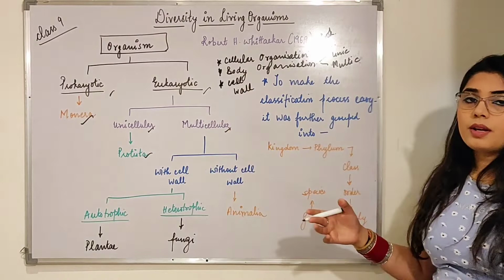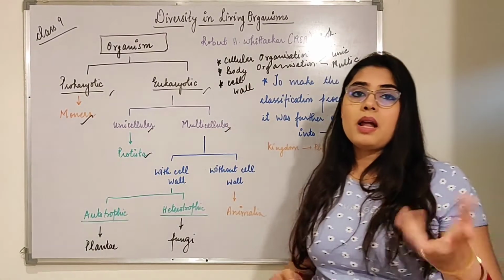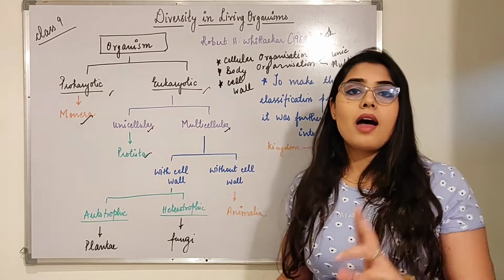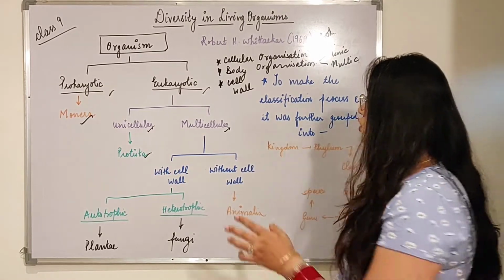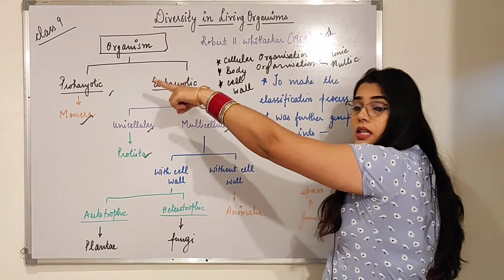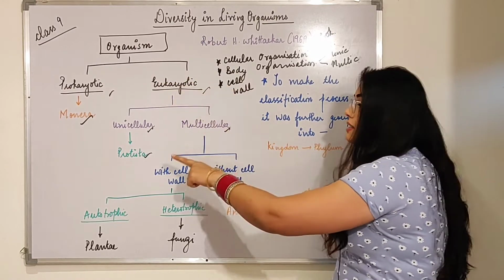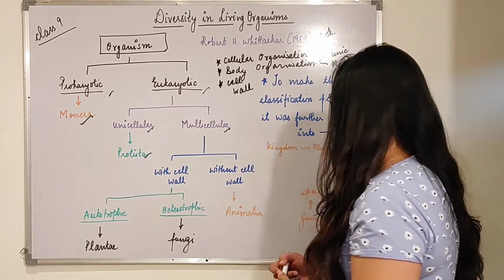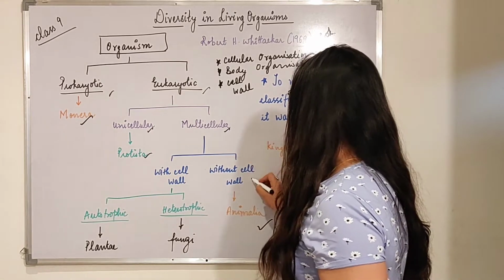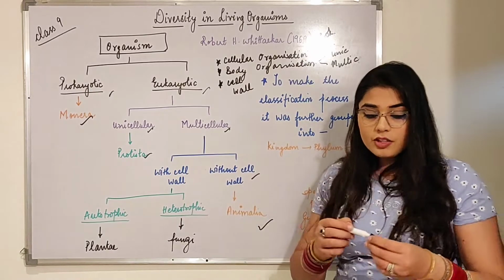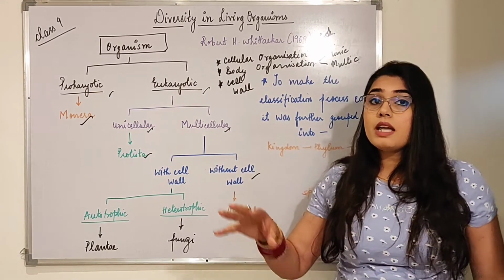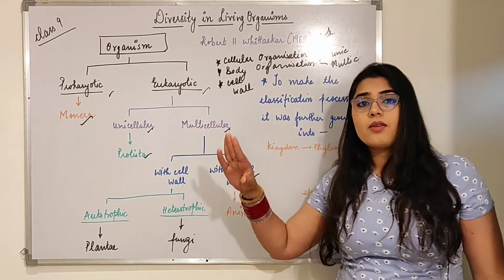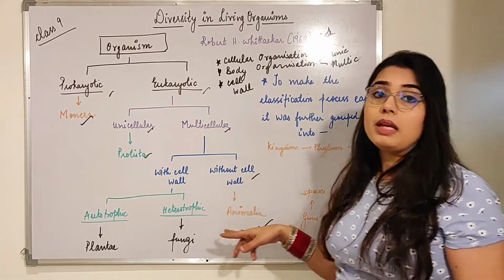You all know that plants have a cell wall made up of cellulose, but animals do not have any cell wall. So if the organism is eukaryotic, multicellular, without cell wall, it will come in the category of Animalia.